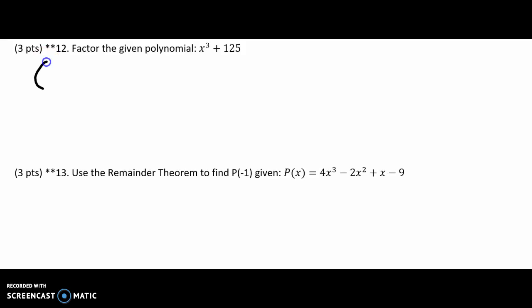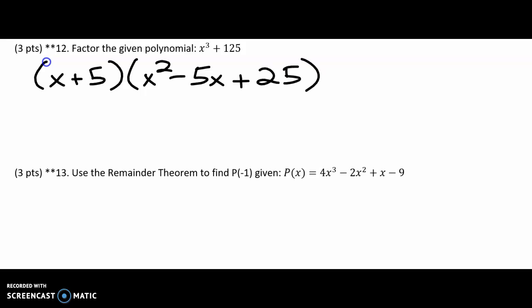So if I do that, the formula says to find which number to the 3rd power gives you those. So x to the 3rd power would give me x to the 3rd power, and if you raise 5 to the 3rd power, you do get 125. Then the pattern goes, square the first one. Okay, opposite sign, multiply the 2 together, and finally, square the last one. Okay, nice and simple.